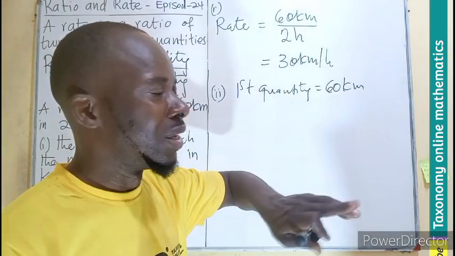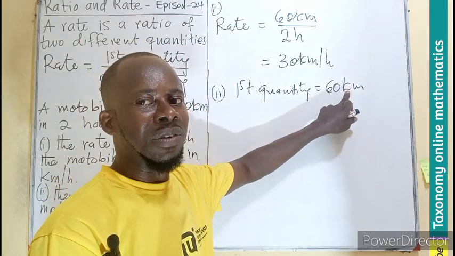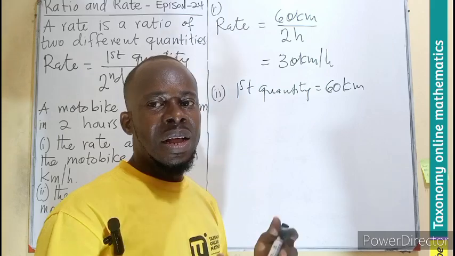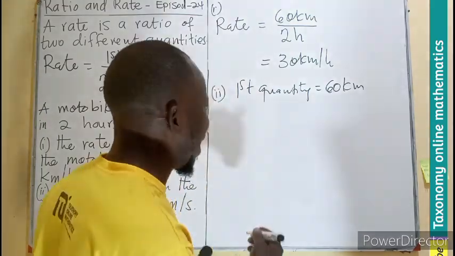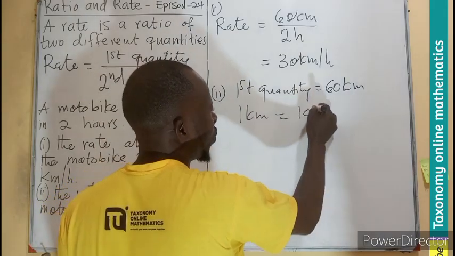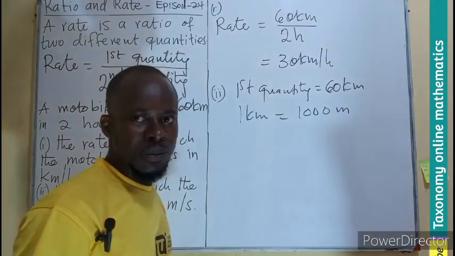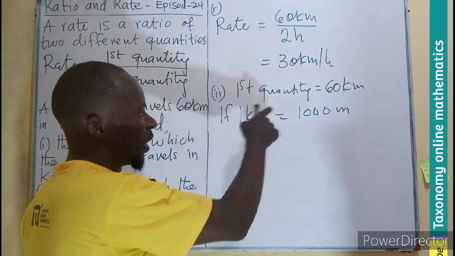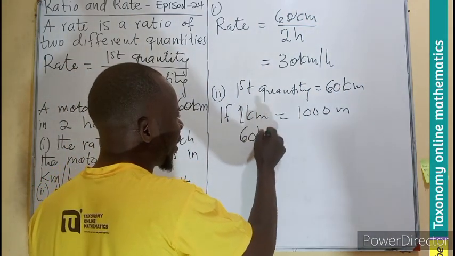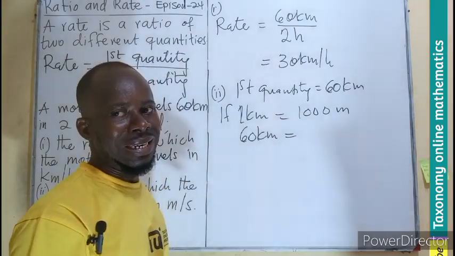Kilo means 1,000. So 1 kilometer equals 1,000 meters. If 1 kilometer is 1,000 meters, then 60 kilometers will be more than 1,000.